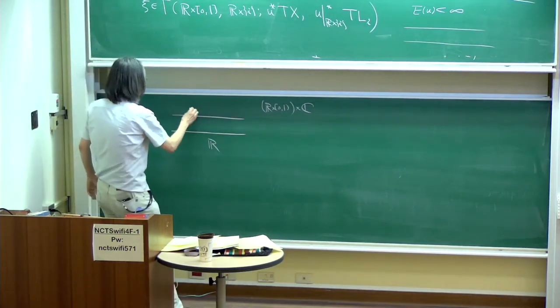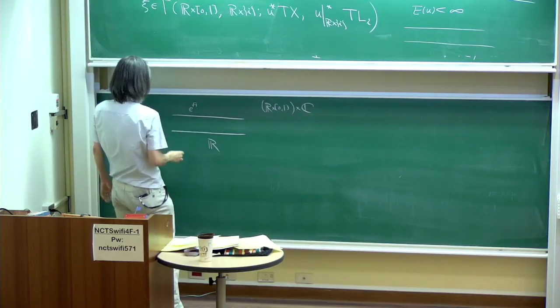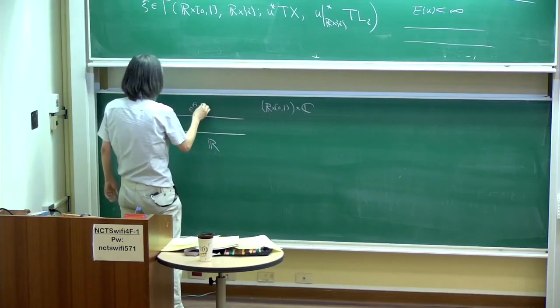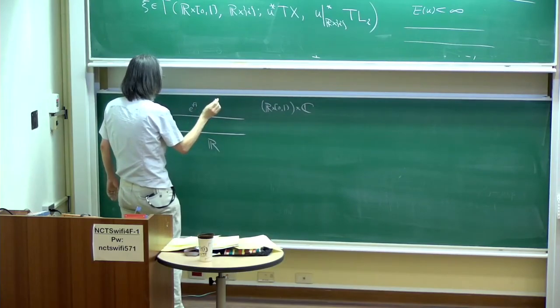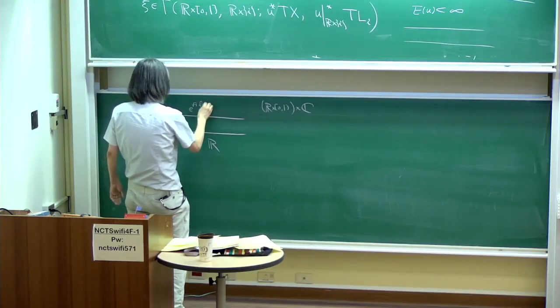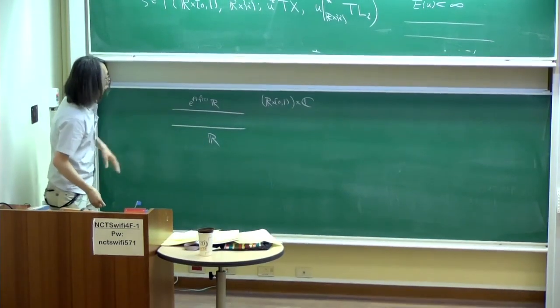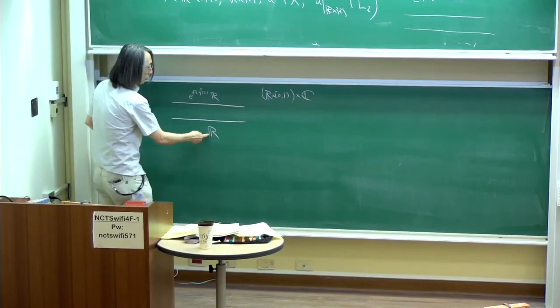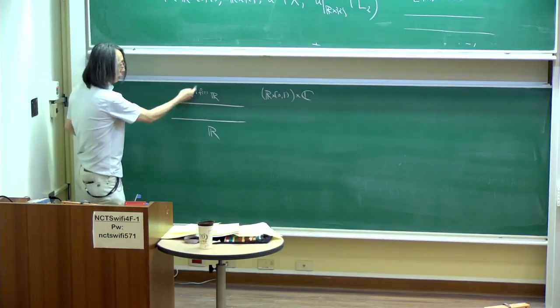And on the top, I put e to the square root of minus 1 times some function f of tau, times R. So I just consider a real subspace in the complex plane, and then I rotate it by multiplying by this.